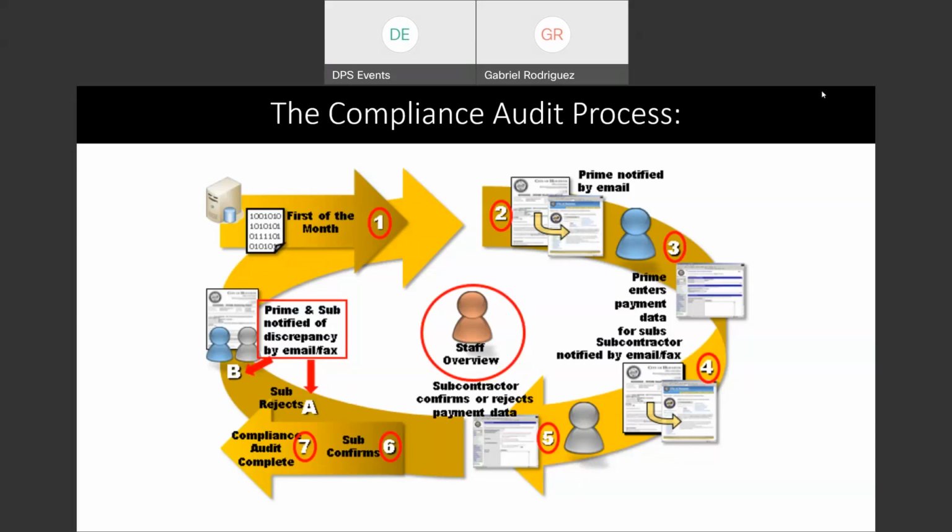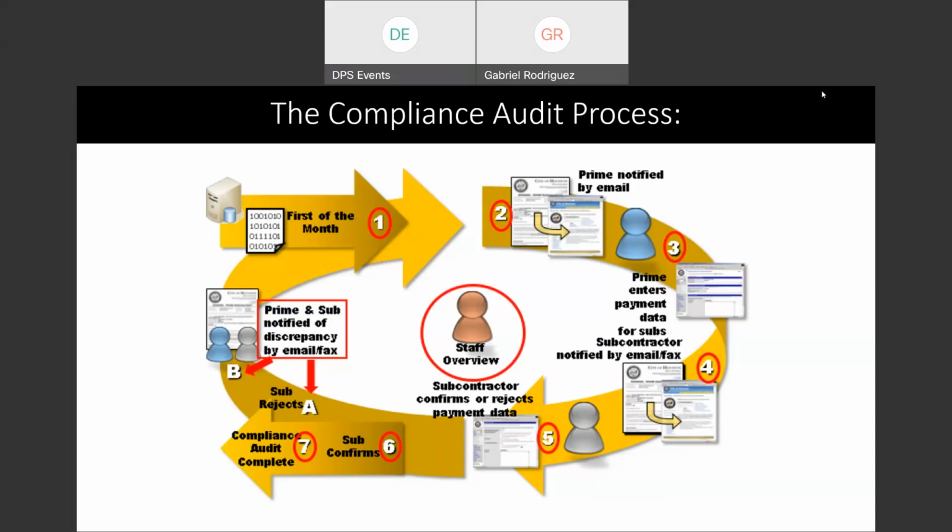For example, once the month of March comes to an end, before the 5th of the following month, all of the payments that have been made to a given prime on a given contract get added up and rolled into one total, and it is transferred into the C2 system from the City of Chicago payment system. The prime will in time get a notification email on item number 2.